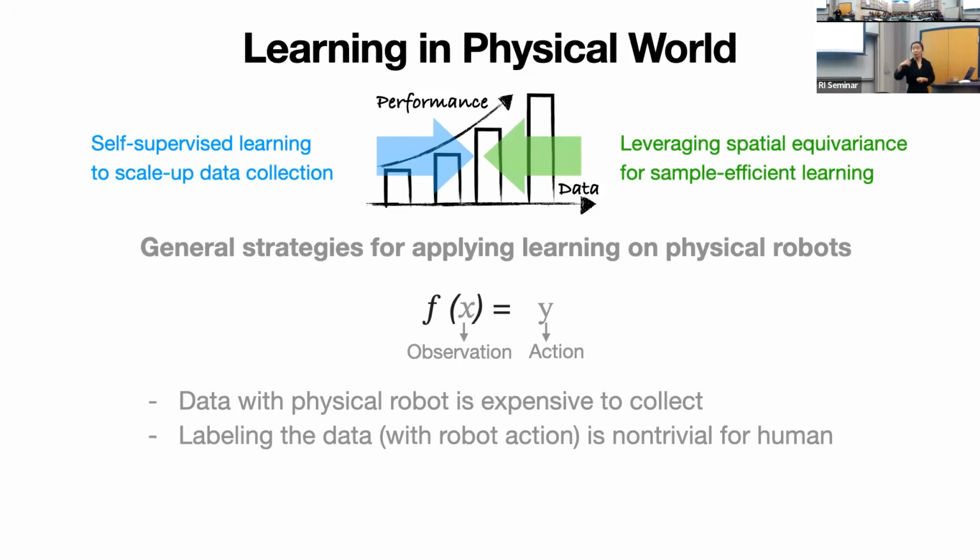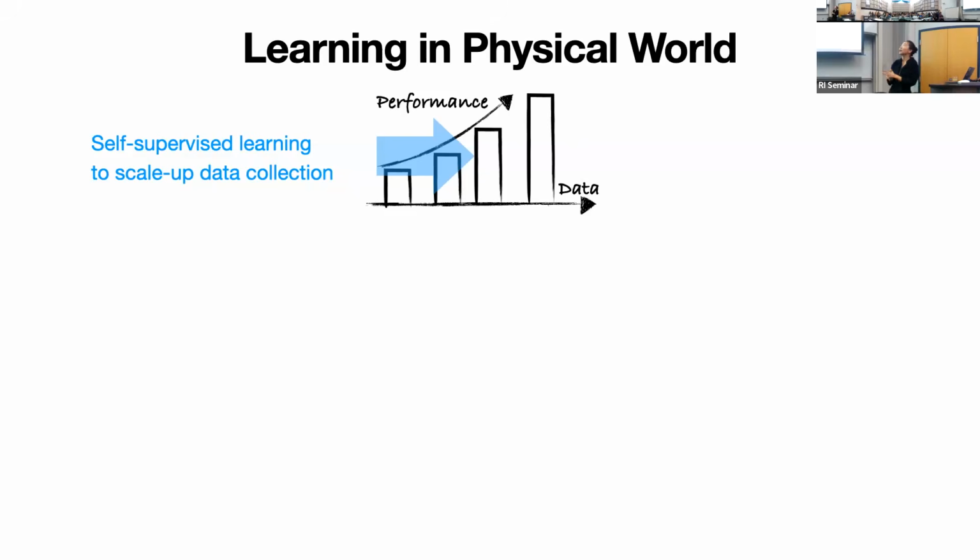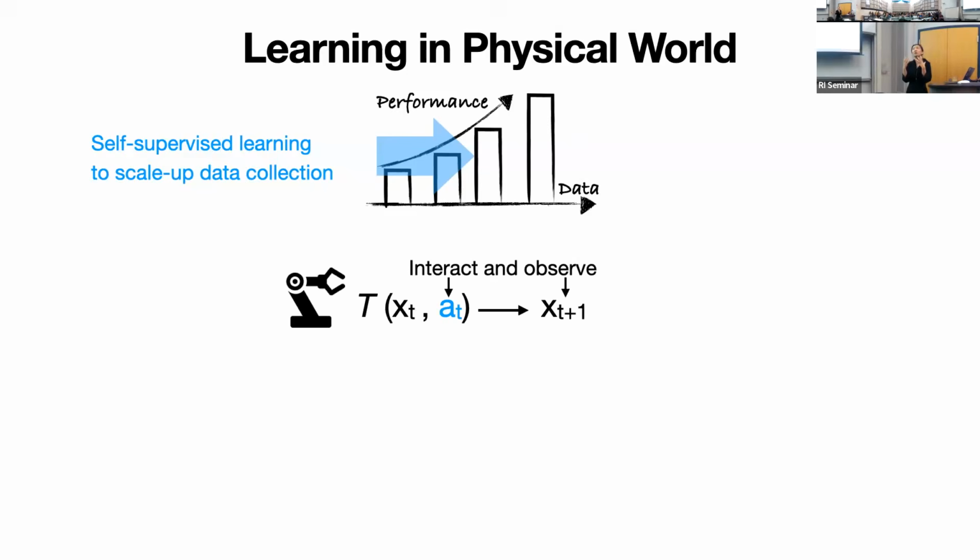For example, from one end, we try to scale up the data collection process by using self-supervised learning. Once you have a robotic system, it's very natural to apply the self-supervised learning idea, in particular because your robot has the natural ability to interact with the environment and observe the effect of its action.